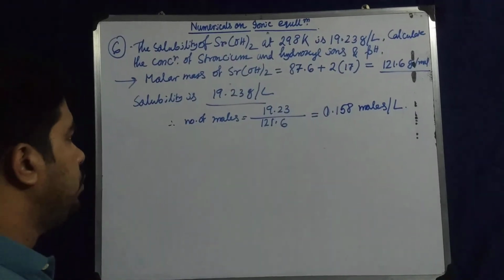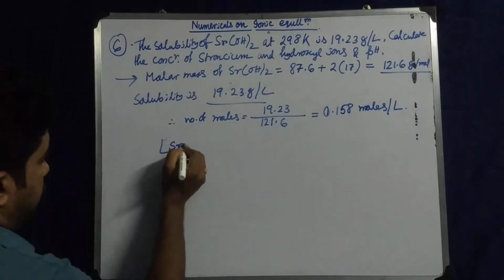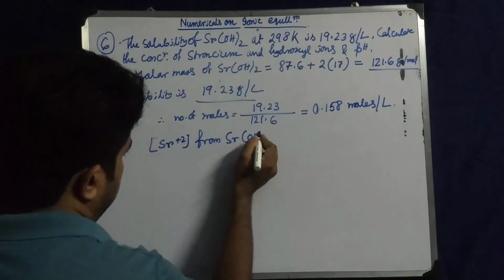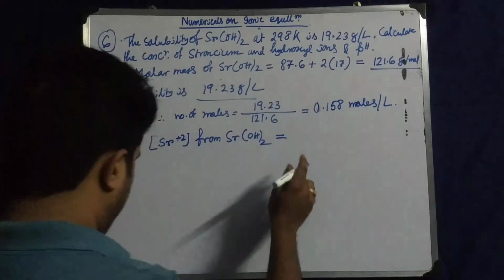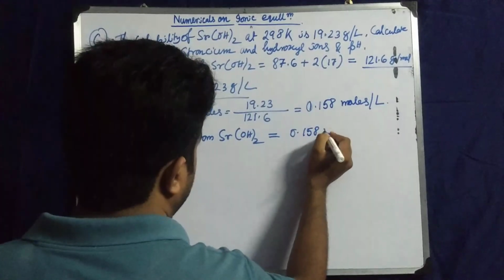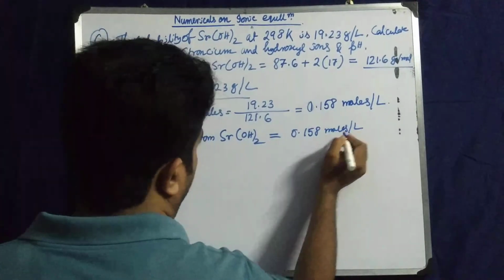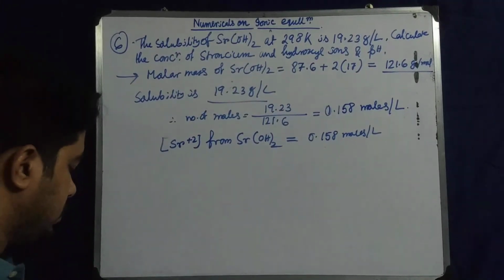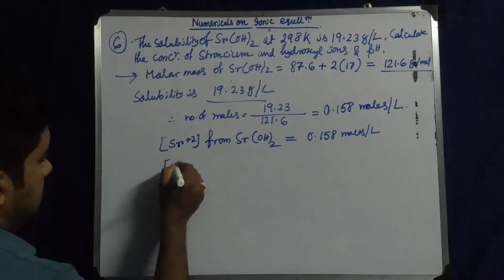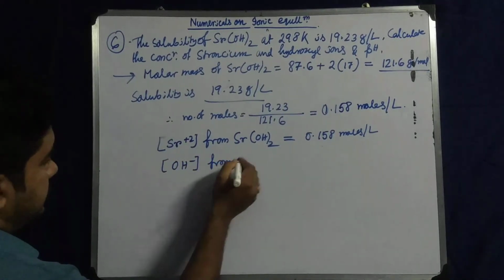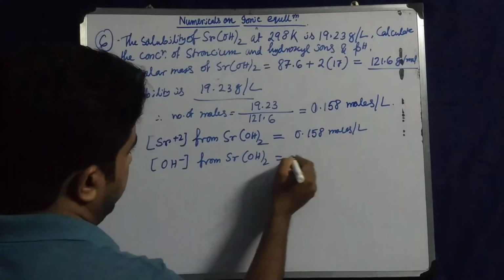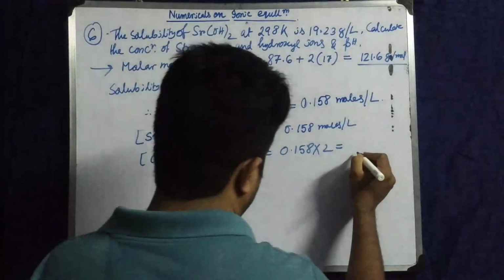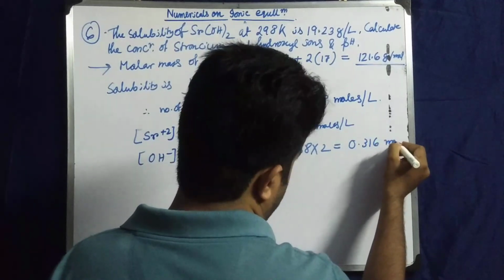Now what I have to do? We know that the concentration of strontium from strontium hydroxide is the same mole, 0.158 moles per liter. We got this one. Now what we have? OH minus, into 2, it will be 0.316 moles per liter.